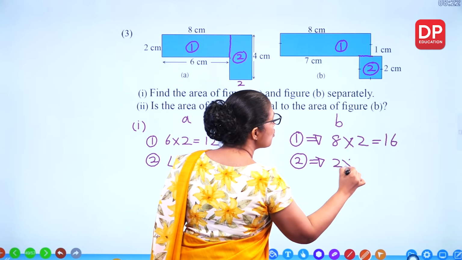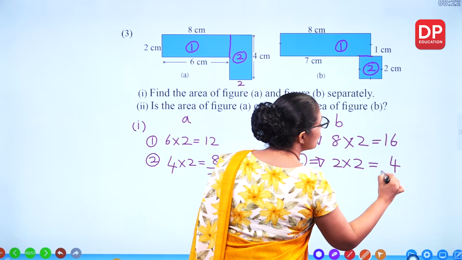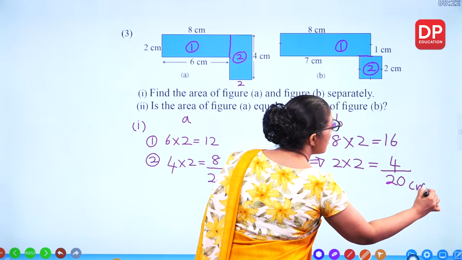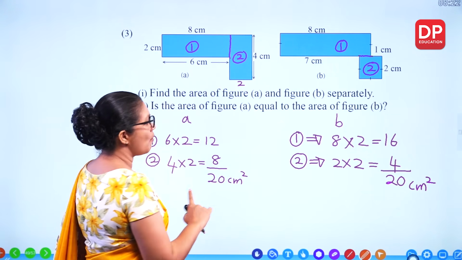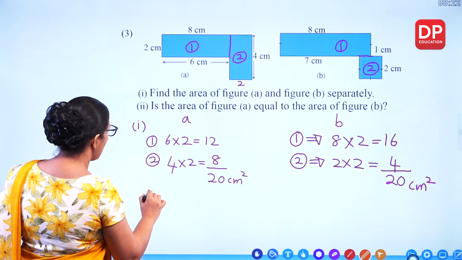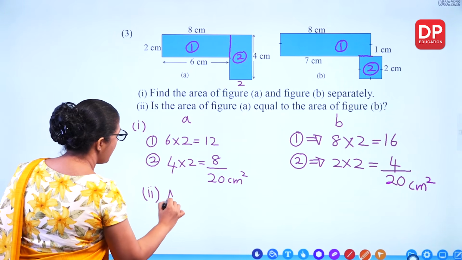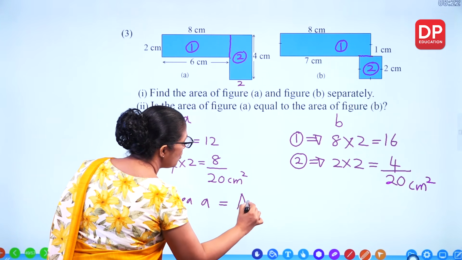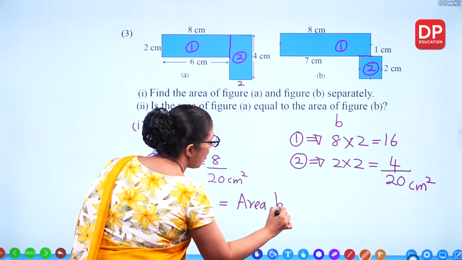So 2 times 2, 4. So when you add it, you get 20 square centimeters. Now what can you say about the two areas? Both are equal. So the area of A is equal to the area of B.